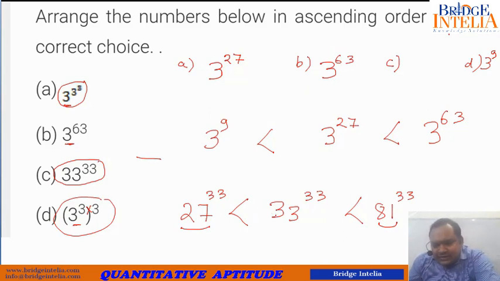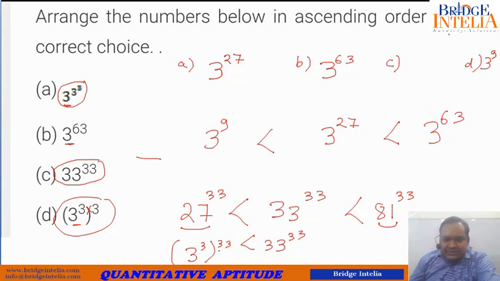So if you can notice that 33 raised to power 33 is greater than 27 to the power 33. So this would actually mean that 33 to the power 33 is greater than this number. And what is this? This is 3 raised to power 99.